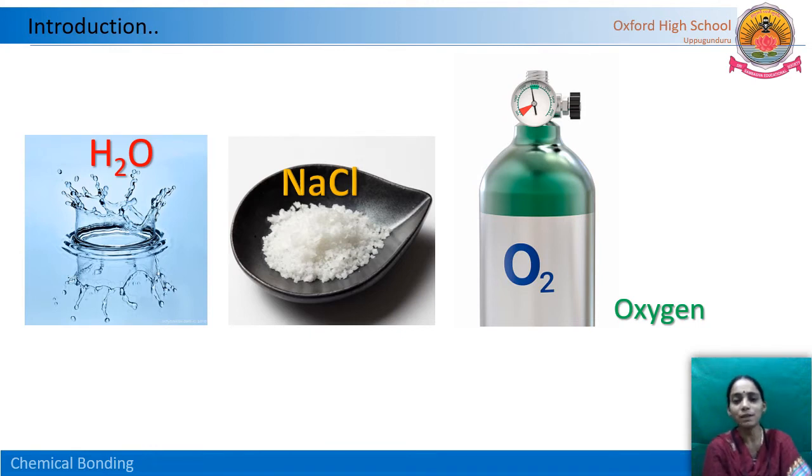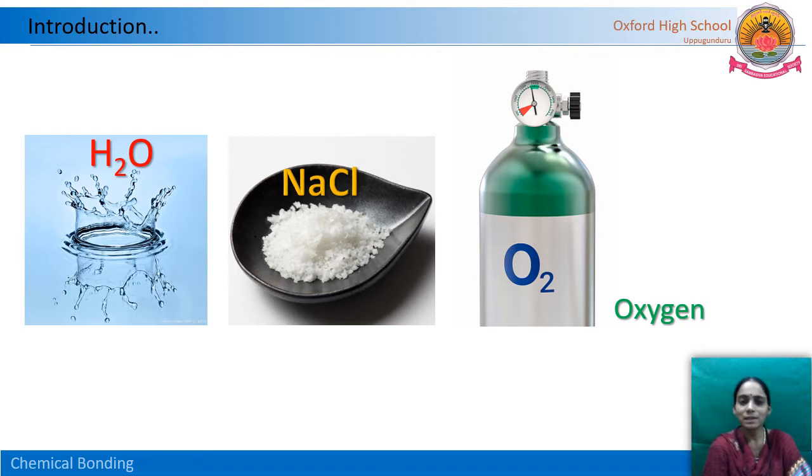We have seen in the previous lesson the classification of elements in the periodic table. We have seen that 118 elements are there. All these elements exist as single atoms. Have you thought about this? Why are we writing the chemical formula of water as H2O, not like HO2?